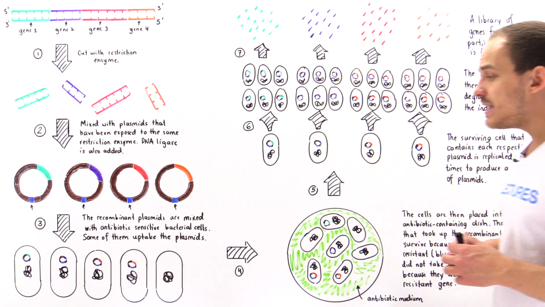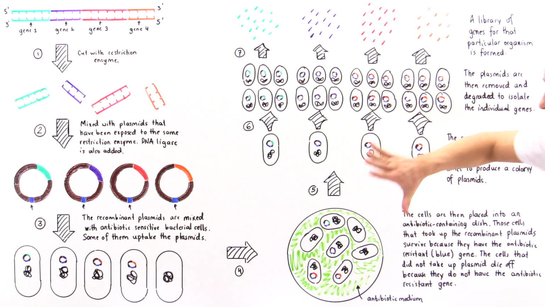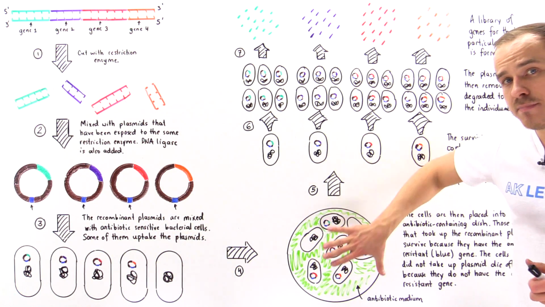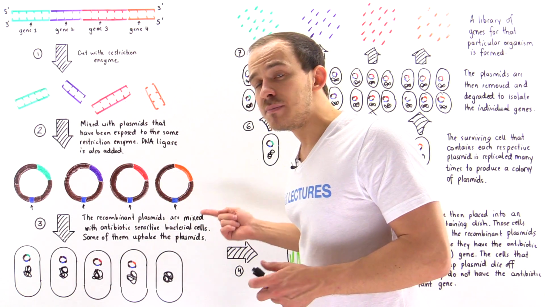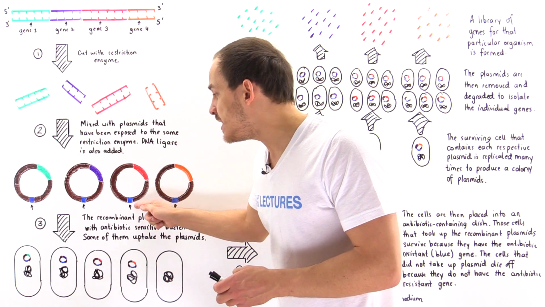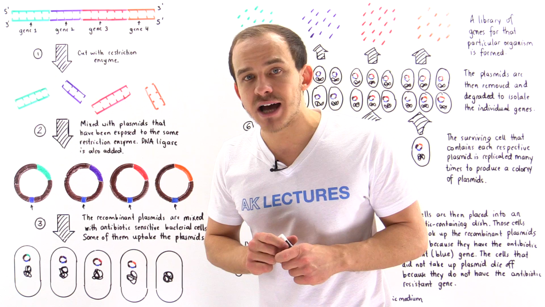And so what that means is once we place all these cells onto this antibiotic-containing medium, those cells that took up these plasmids will have that blue gene that gives them resistance to those drugs, and so they will not die off.